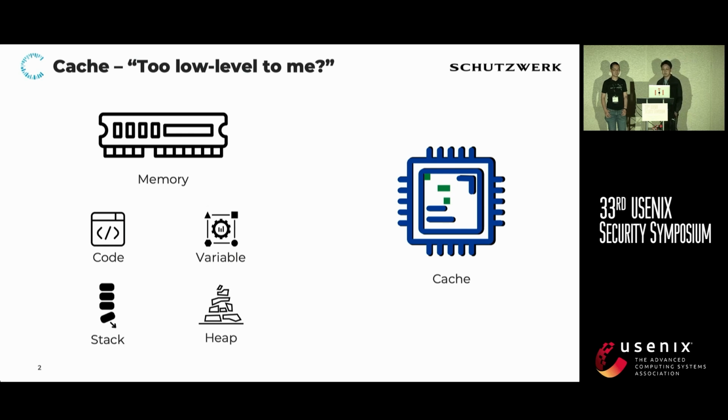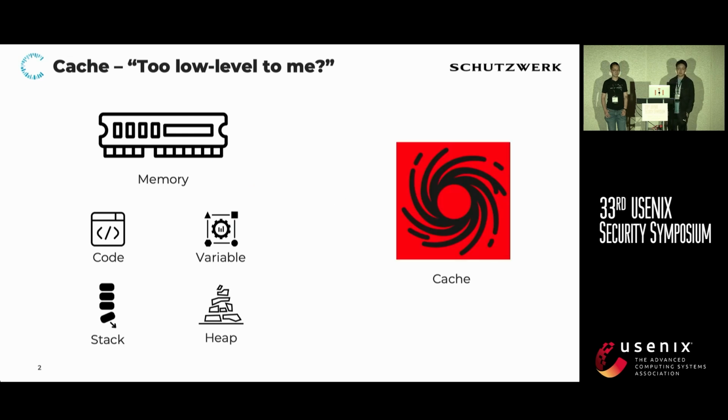Only when there are other memory activities, either from your following code or from other processes or other cores, that occupy the cache, does your content in the cache get evicted and updated in the memory in the end. So CacheWarp destroys this state, erasing everything inside the cache, just like a wormhole.